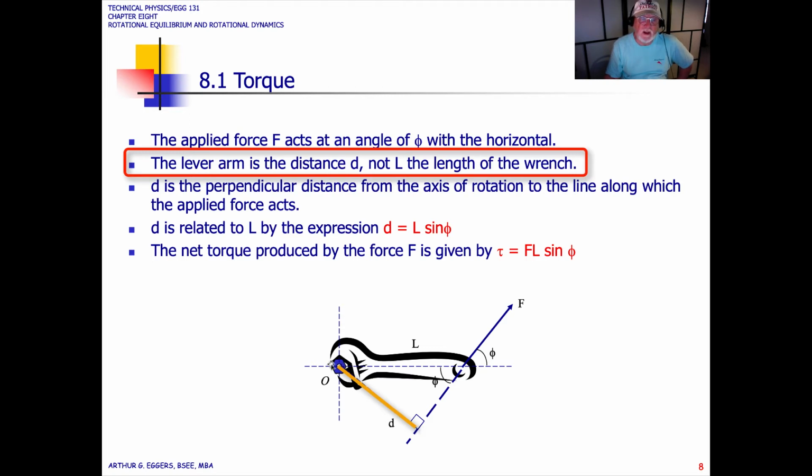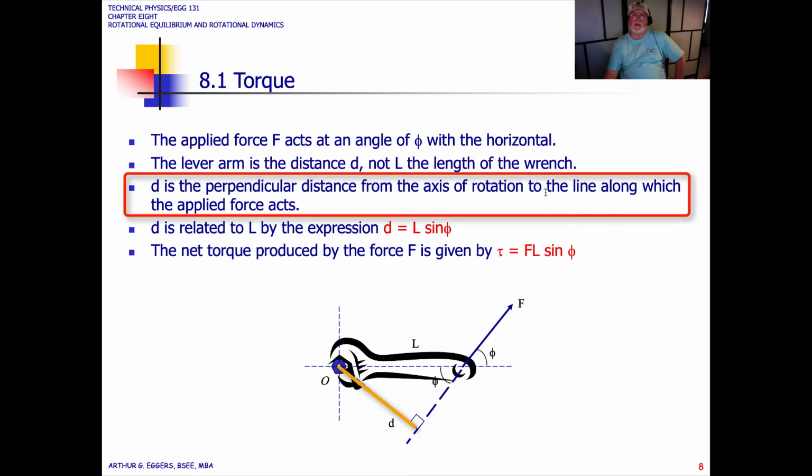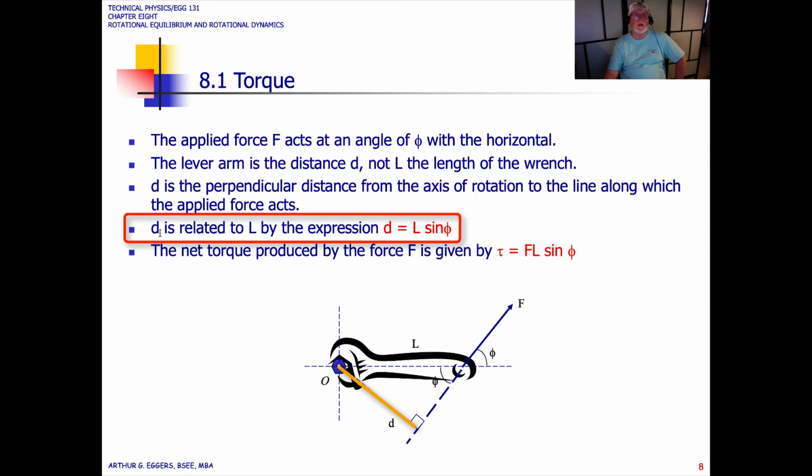This distance down here would be considerably shorter than the length of the wrench. So d is the perpendicular distance from the axis of rotation to the line along which the applied force acts. Okay, so there it is right there. You can see the perpendicularity being displayed. So d is related to L, the length, by the expression d equals L sine phi.